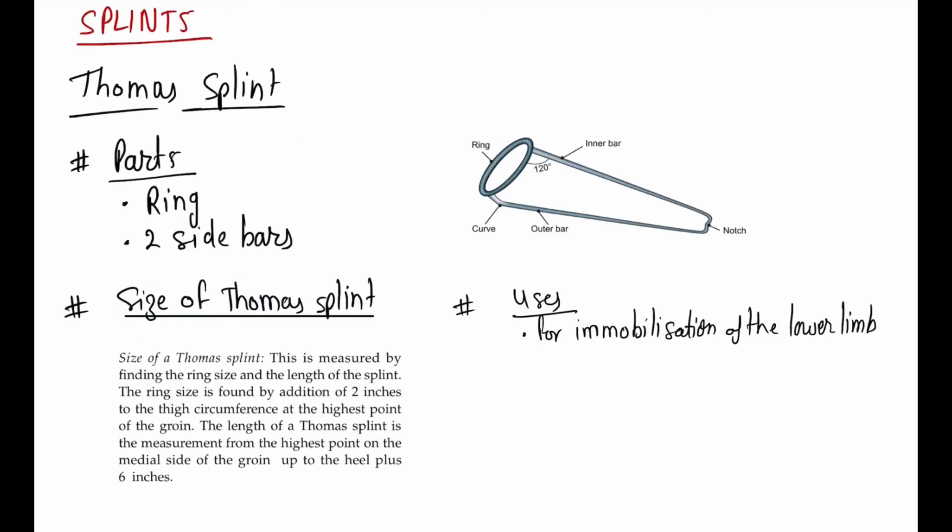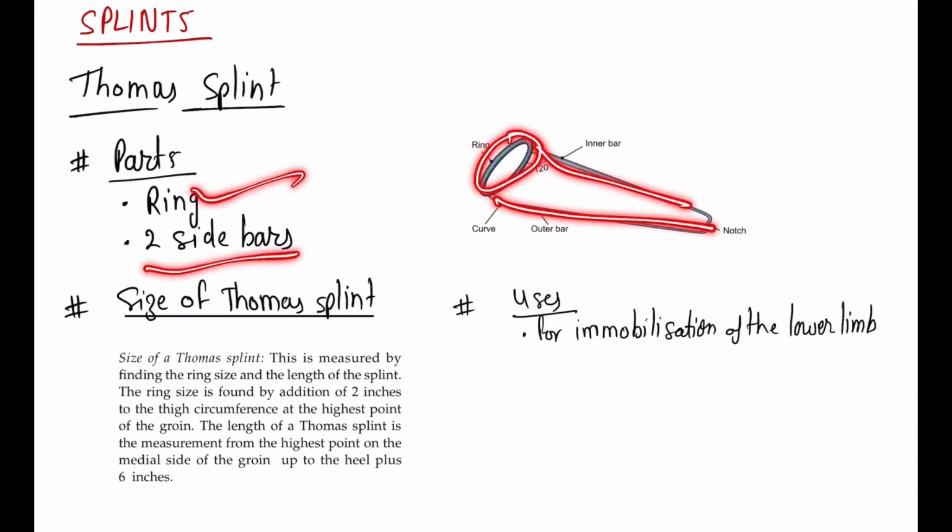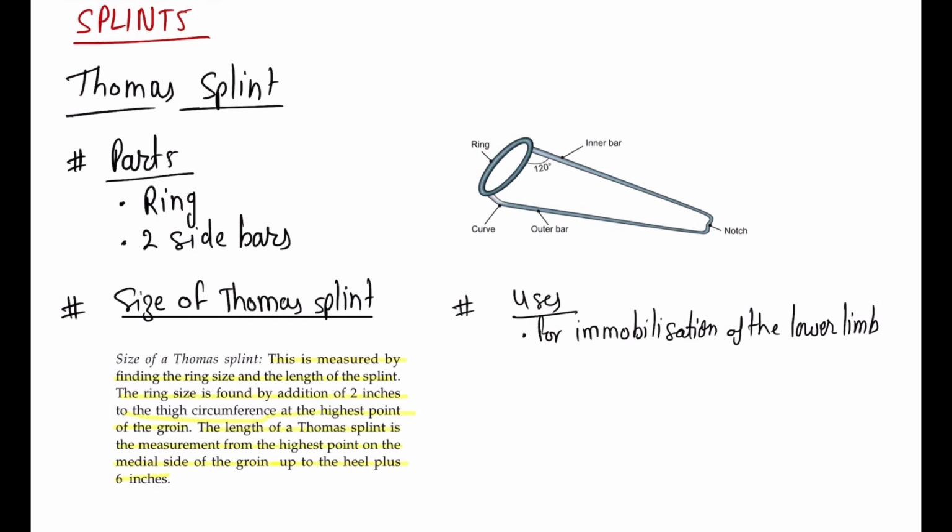Right, so we'll talk about splints. In splints, among all of them, we have just one that is of our importance, that is Thomas splint. We'll talk about that. That parts are there. So this one is the ring, and these are the two sidebars. So ring and sidebars are the two parts. So how we will calculate the size of the Thomas splint, that I have taken from the Maheshwari.